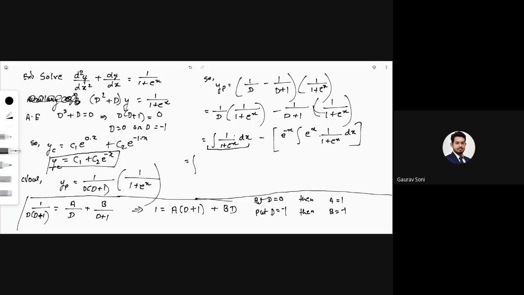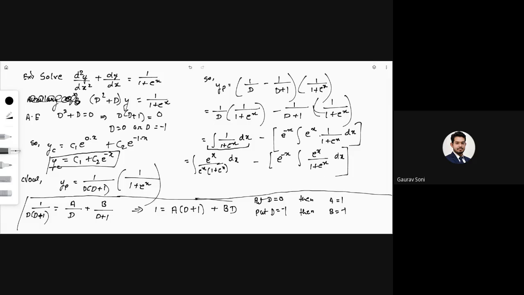So what I will do is I will add and subtract e to the power x in the numerator, or I can multiply and divide by e to the power x. Both the ways it should work. E to the power x in bracket 1 plus e to the power x dx minus, in bracket, e to the power minus x integration of e to the power x upon 1 plus e to the power x dx.